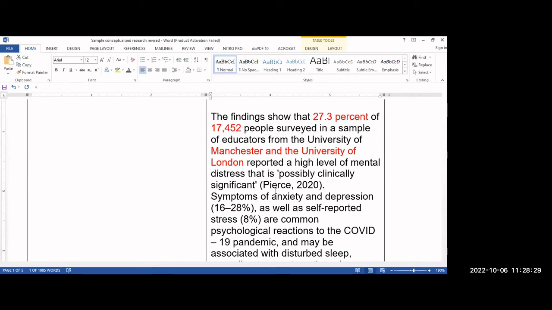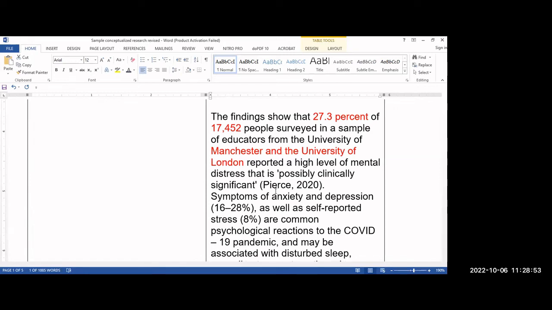No. If you want to really establish that that is a global problem, then there should be a representation of the different countries in order to really say that this is a common problem worldwide. So there should be findings, there should be percentages or statistics that will show the extent of the problem.